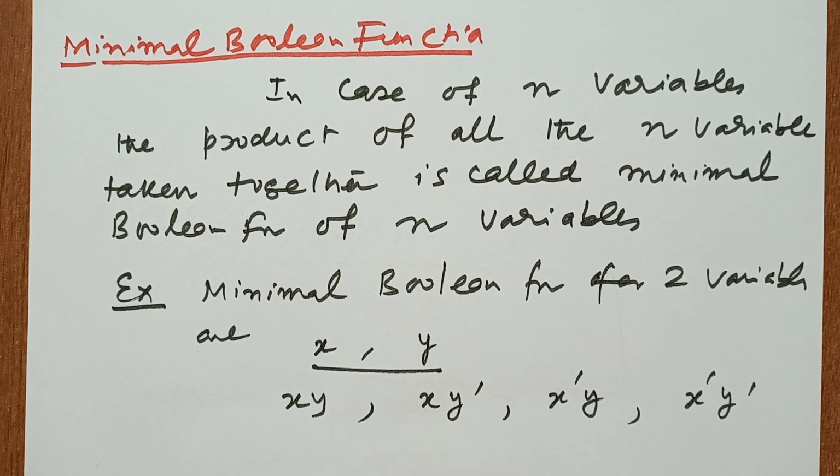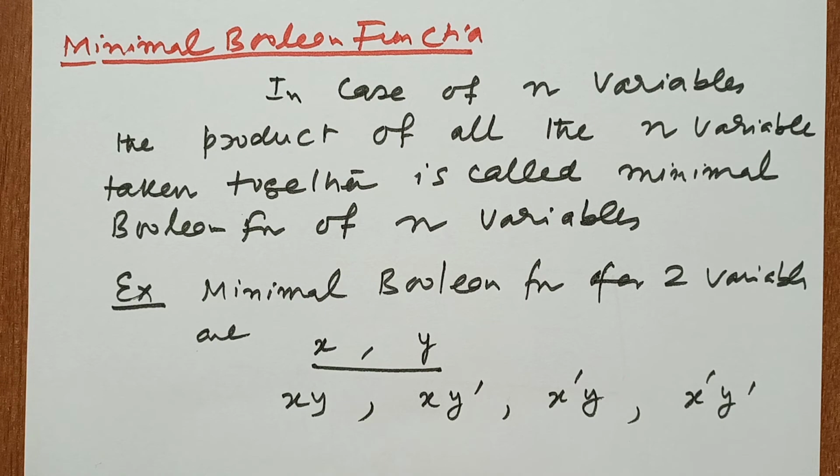So if we take two variables x and y, the total number of minimal Boolean functions is 2 to the power 2, means 1, 2, 3, 4.